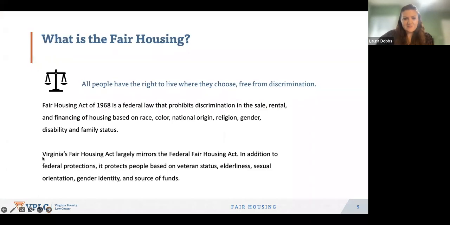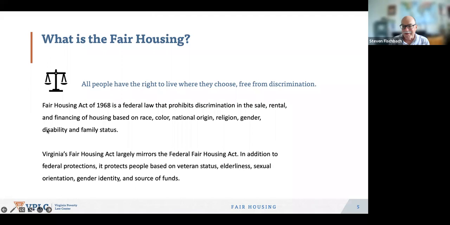I'll kick it off to Steve to give a basic overview of what is fair housing. Hi, Steve Fishback. I'm the litigation director here at the Poverty Law Center. So I'm going to talk a little bit, just very basically, about the Fair Housing Act, and then we're going to get deeper and deeper into the weeds as we go through the presentation.